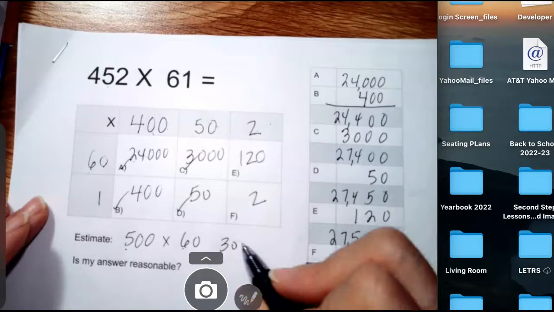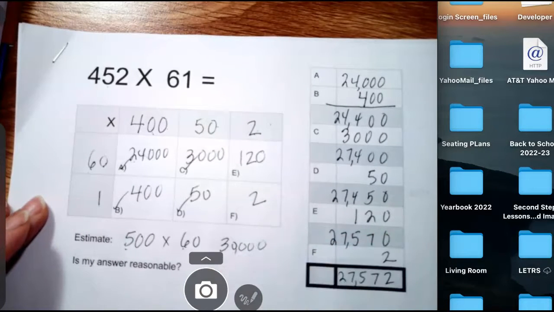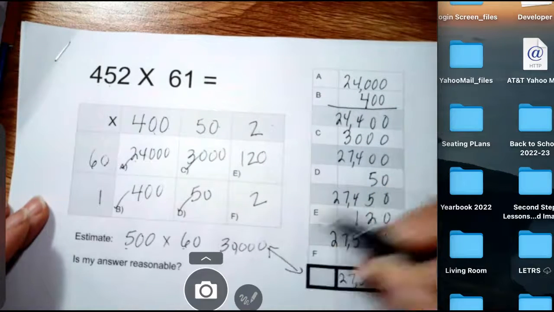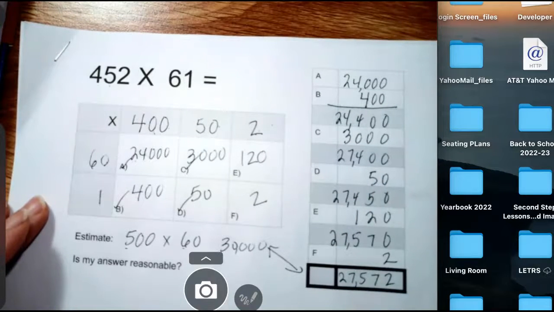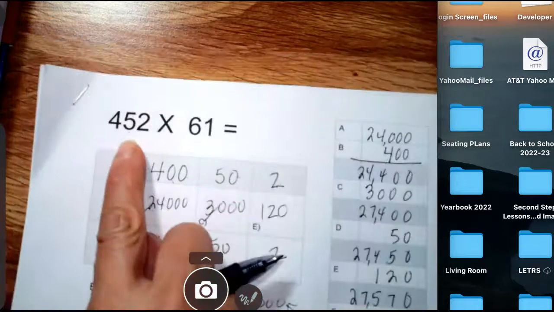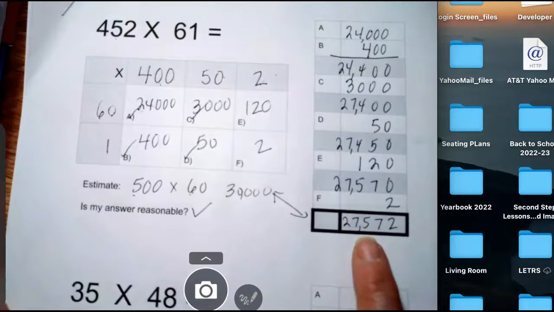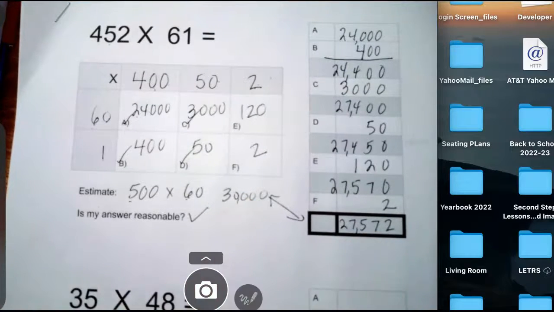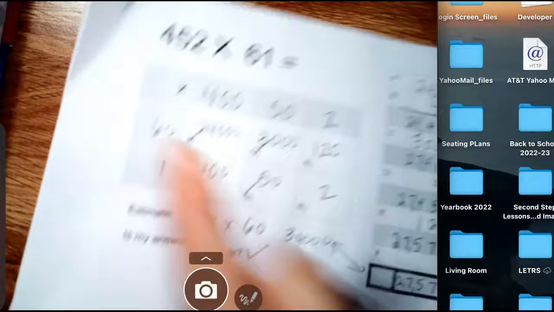And I have 3 zeros. And I get 30,000. And looking at that, this is also in the 10,000 spot, so I'm going to say yes, my answer is reasonable. And I know I overestimated here, so this answer is going to be lower than the estimate because I did an overestimate.